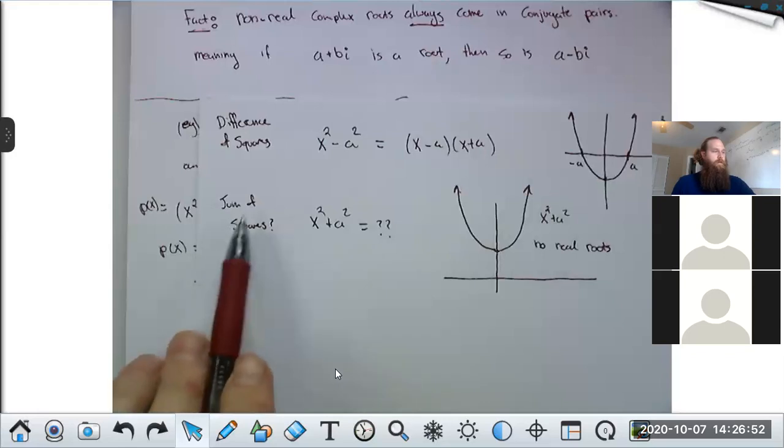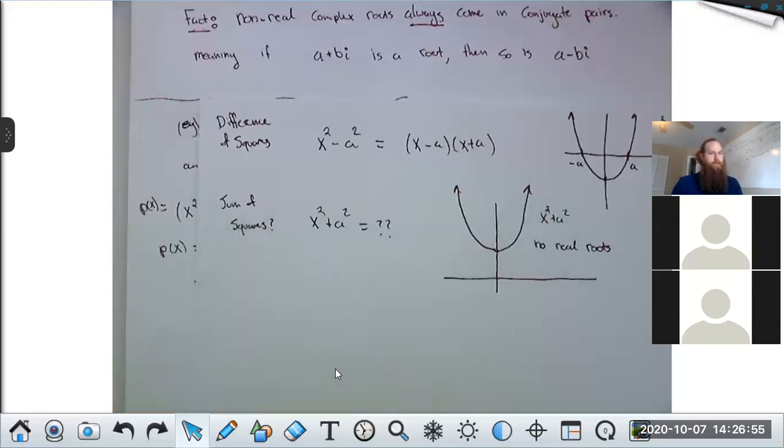Yeah, this says sum of squares, question mark. Exactly, because of the plus. The plus tells us we're moving up rather than down. And if you take the x squared parabola and move it up, then it won't have any x-intercepts.